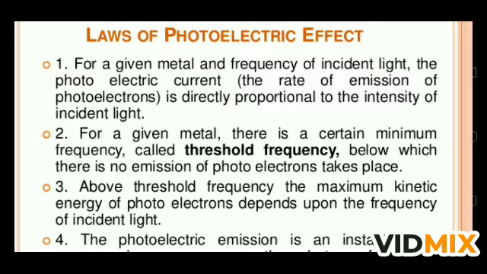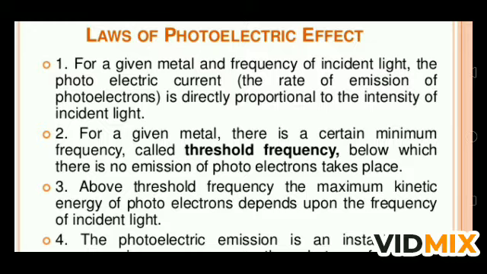In that you will see that the line is straight, and it shows that the photoelectric current is directly proportional to the intensity of the incident light. As you increase the intensity, the photons increase in number, photoelectrons increase in number, and therefore the photocurrent is increased. So this is the first law.